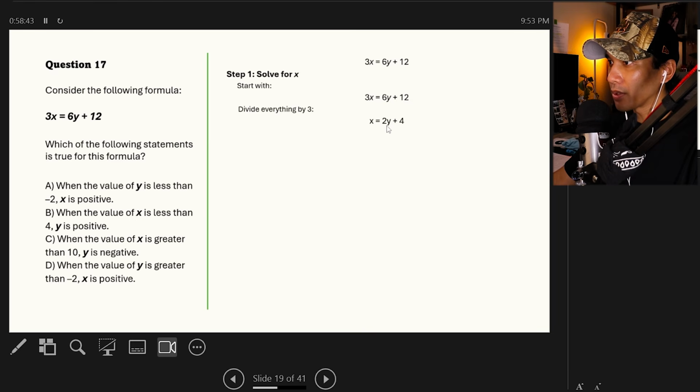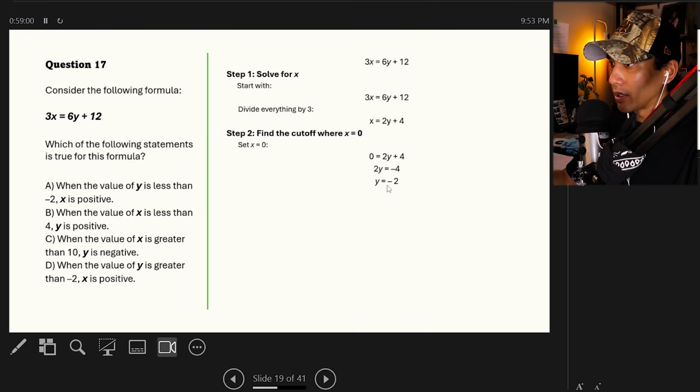Then we get x equals 2y plus 4. Find the cutoff where x equals 0. Set x to 0, 2y plus 4, subtract 4 from each side, and then divide by 2 to get y equals -2.